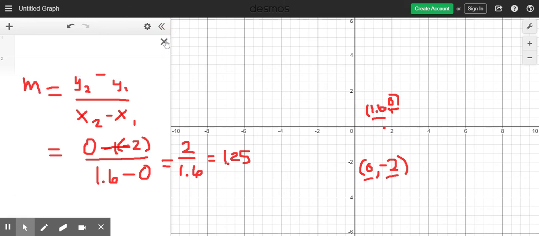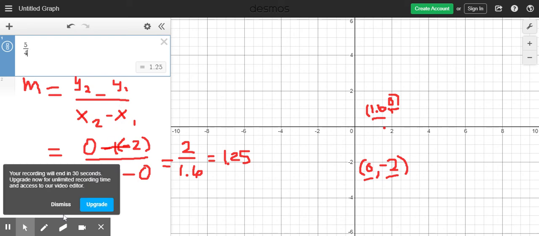So we could type in the 5/4 and see that it's 1.25. So that's how you can find the slope using the intercepts.